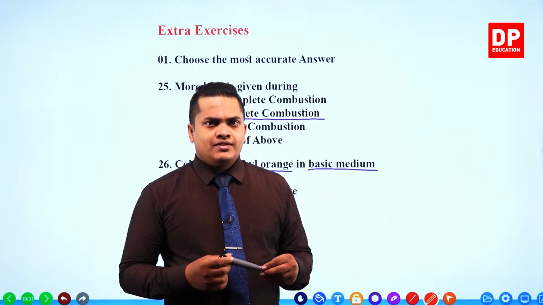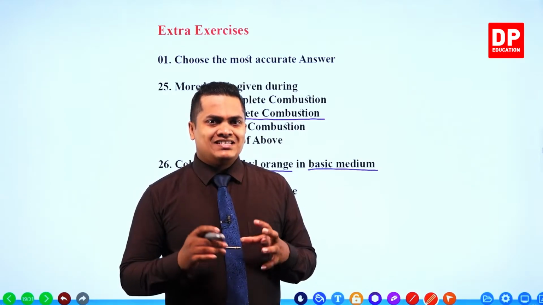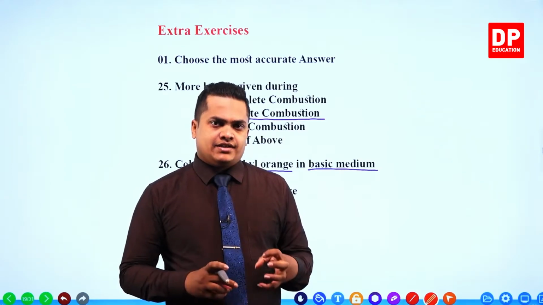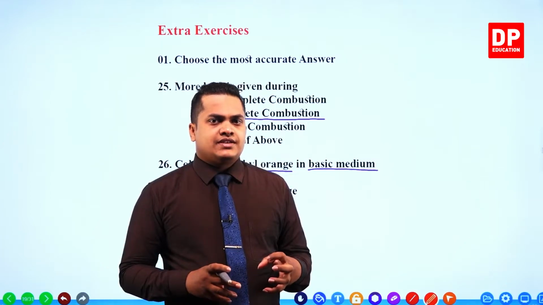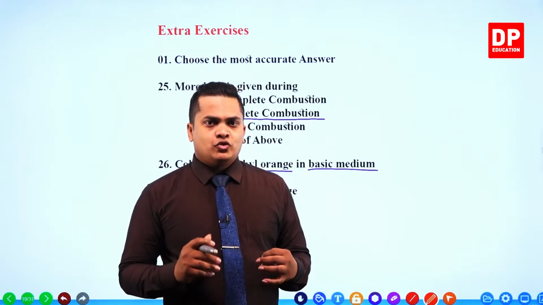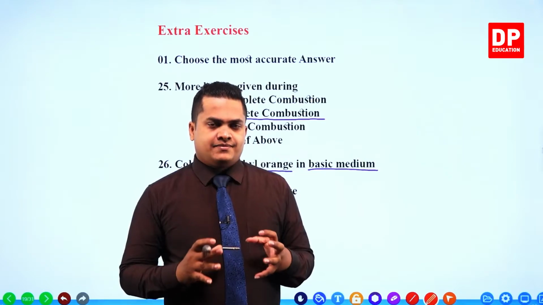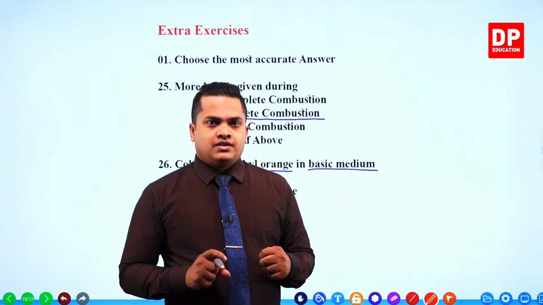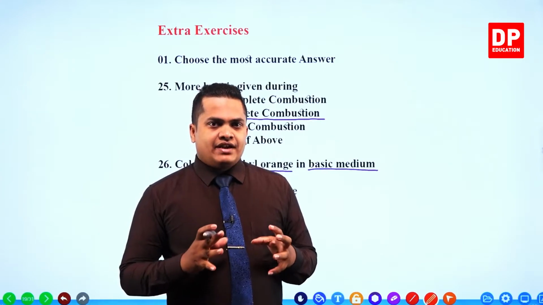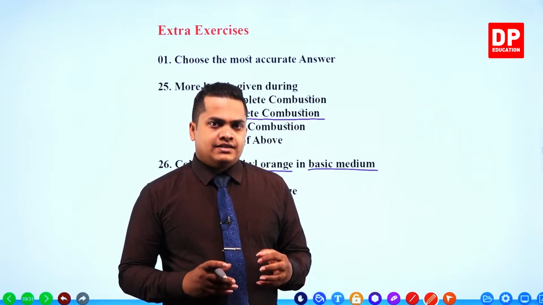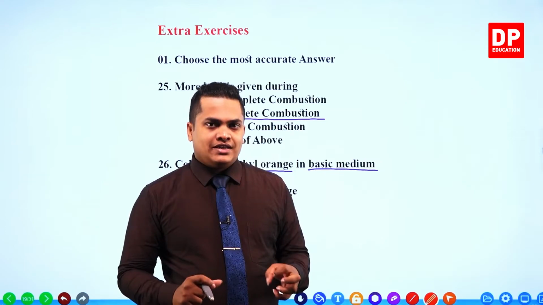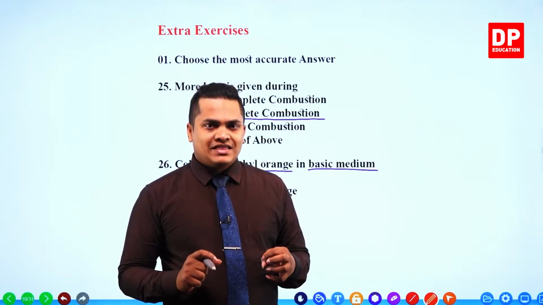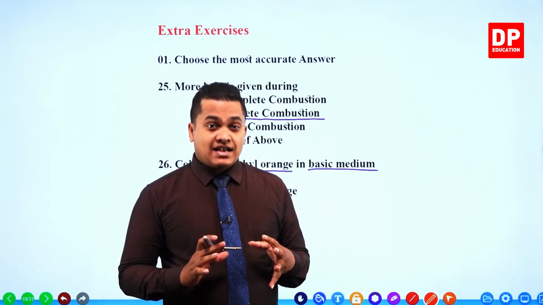So my dear children, methyl orange is a type of indicator that we use to identify acids, like phenolphthalein is used to identify bases. To identify an acid, we specially use a substance called methyl orange.